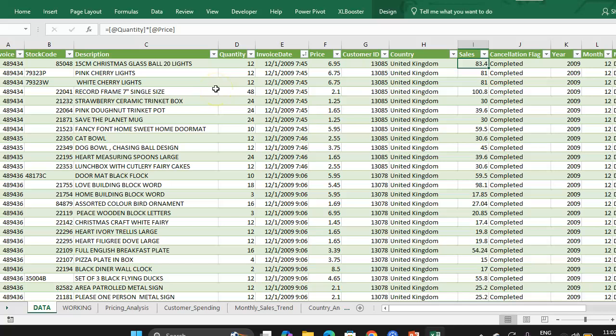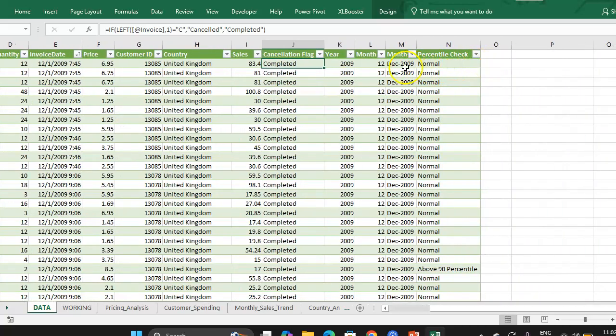I also created a cancellation flag column to identify cancelled transactions. Finally, I created a month-year column which helped in monthly trend analysis. After all transformations were completed, the clean data was loaded.